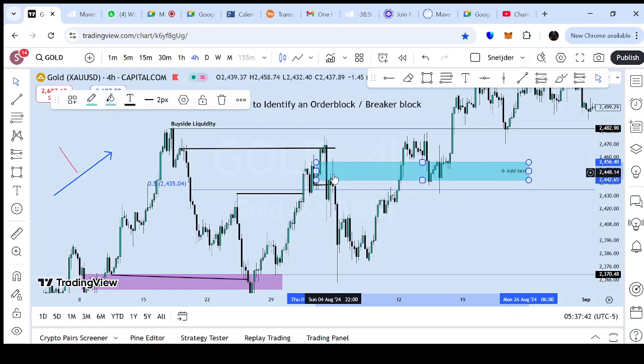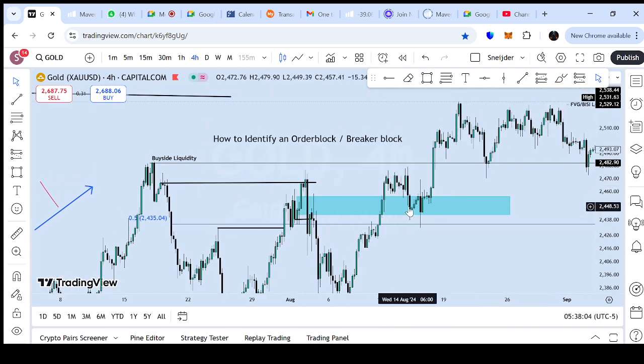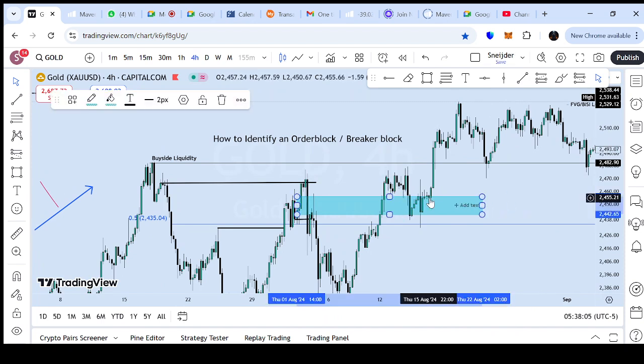This is a rejection block. You see that rejection, that's a rejection block showing that here is a major resistance. Coming over here, price violated it. That's why it's now acting as an inversion. That's how you utilize your inversion fair value gap.